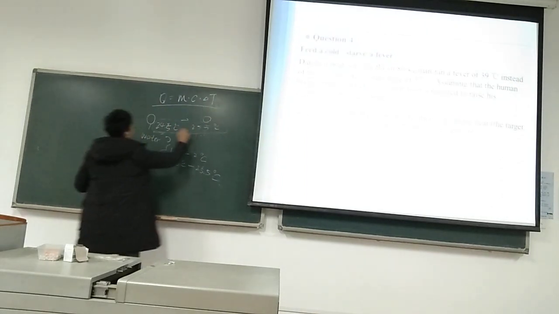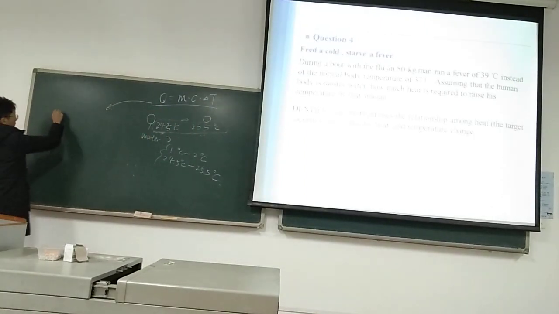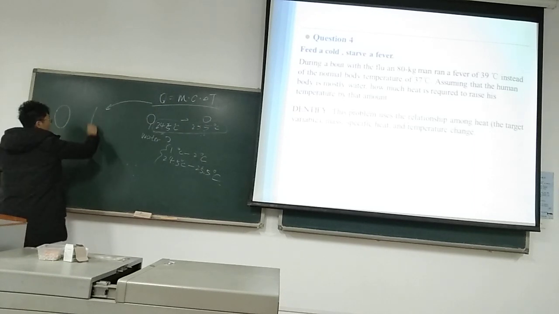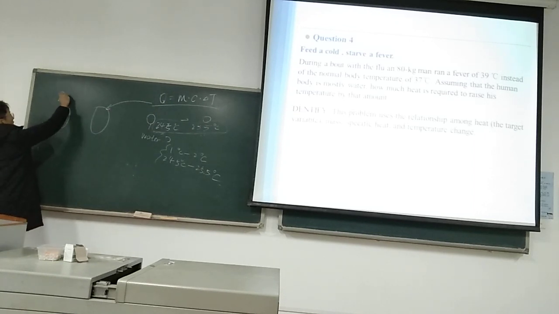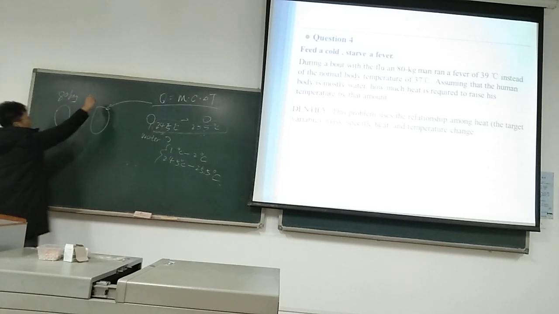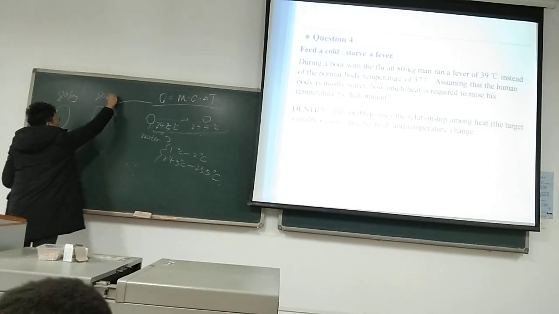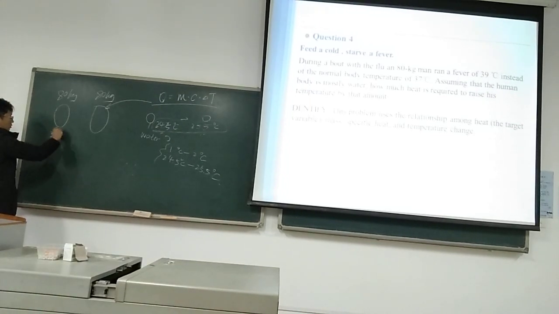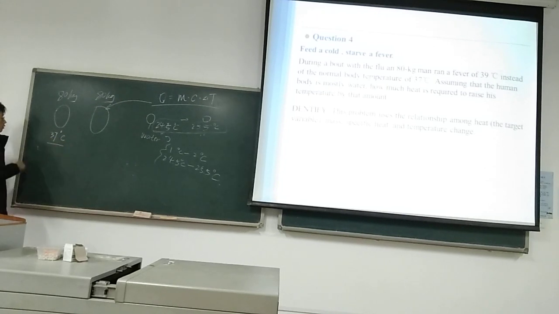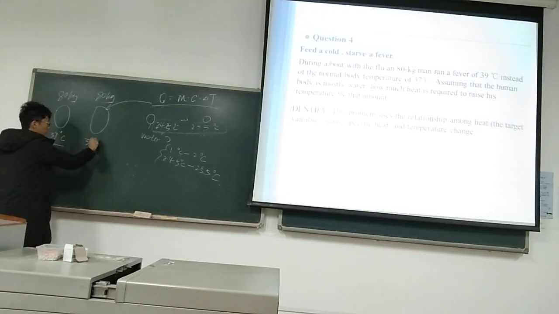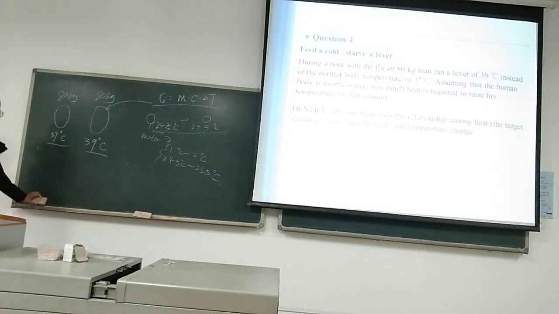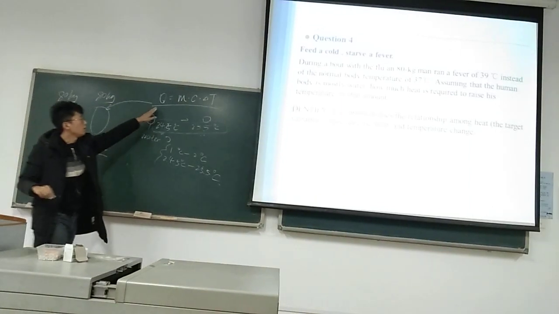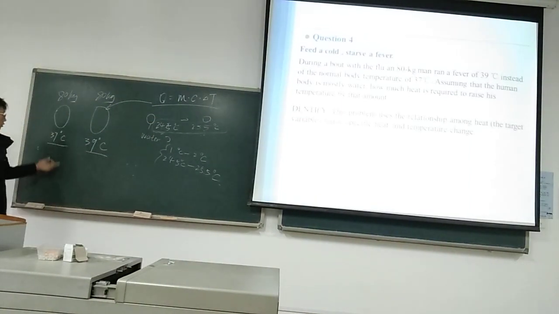The most used equation, with 80 kilogram. However, there's a difference in temperature: initial 37, final 39 centigrade. What we are going to calculate is the heat needed to heat the body from 37 to 39.